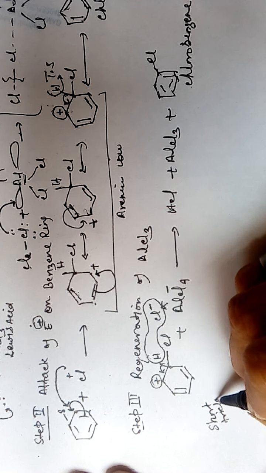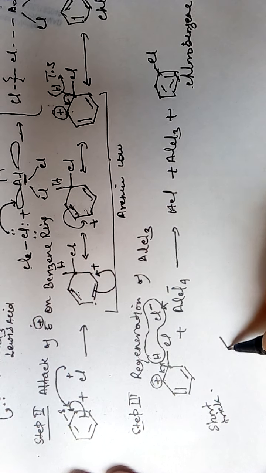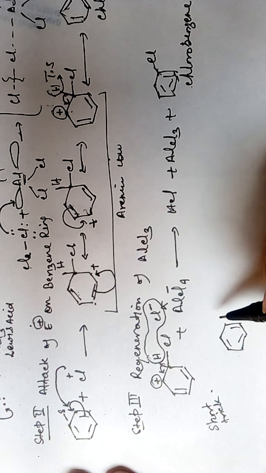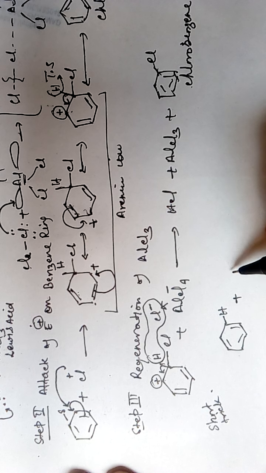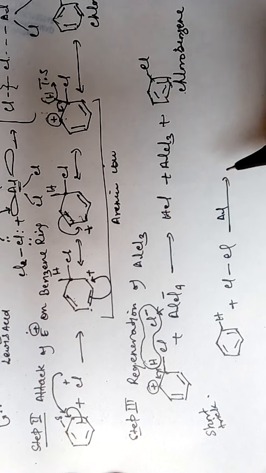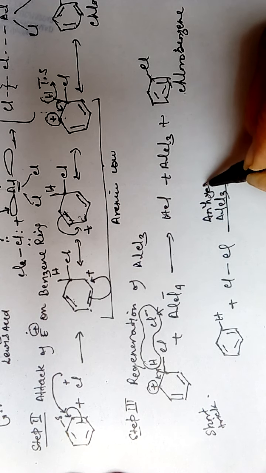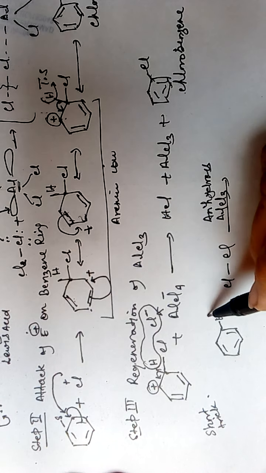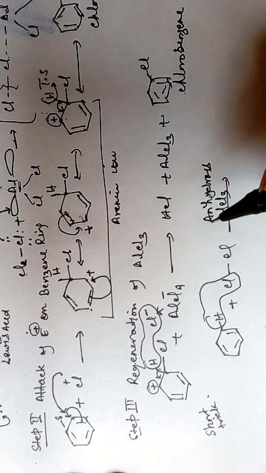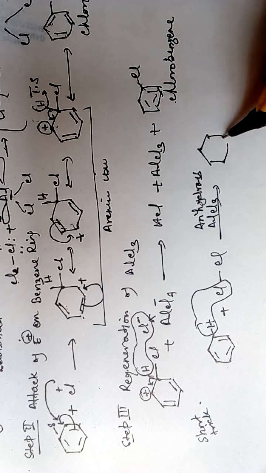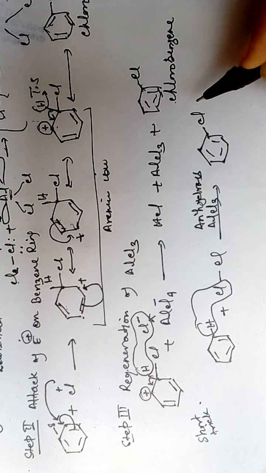When benzene reacts with halogen in the presence of anhydrous AlCl3, HCl is released, and it gives haloarene, chlorobenzene.